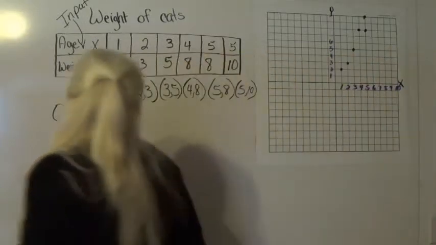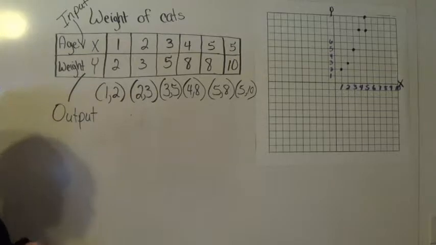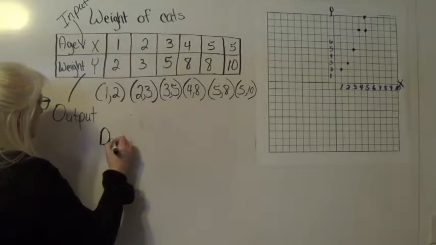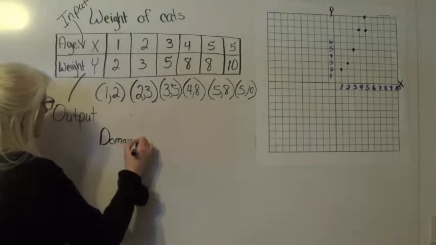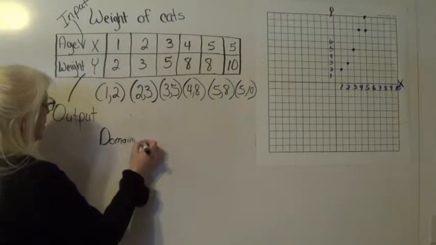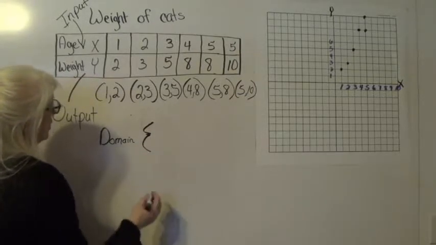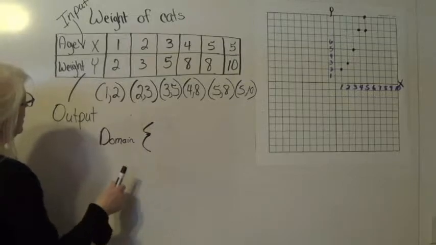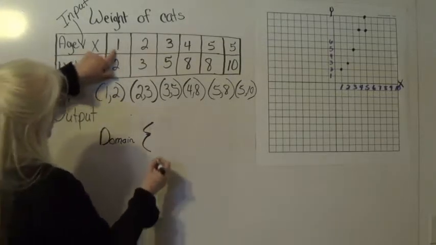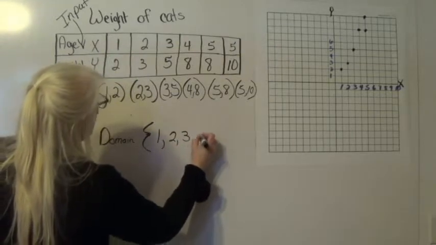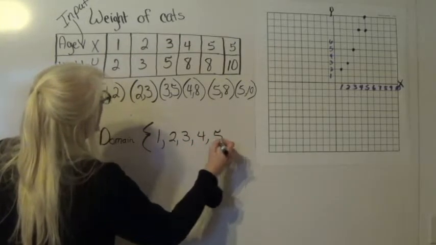Now, let's talk about what the domain is and what the range is. It's very, very simple. The domain is the set of x values. So I'm going to write this brace, and then my x values are 1, 2, 3, 4, 5, and 5.